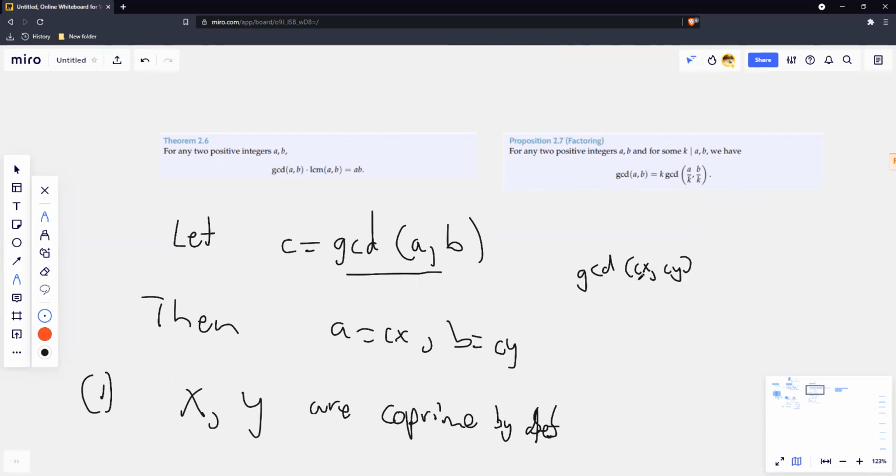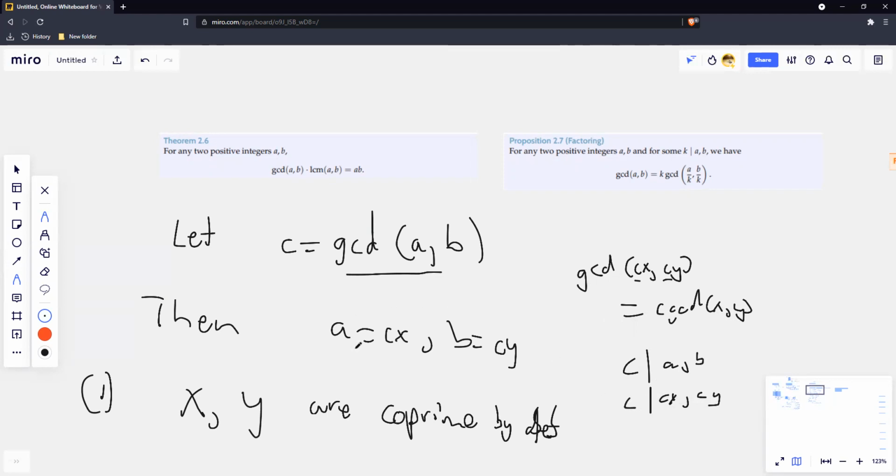Now we are finding what factors they have in common in the GCD. C is shown in both here, right? So that means this can be equal to GCD X comma Y. And this basically means, in other words, C is a factor of A and B because C is a factor of CX and CY, because CX and CY are divisible.